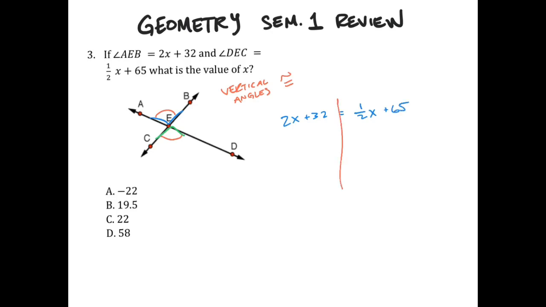So again, just like the previous one, I want all my x's on one side, so I'll subtract 1/2 x. If you want to use 0.5 instead of 1/2, that's fine. Because 2x minus half an x is 1.5x.